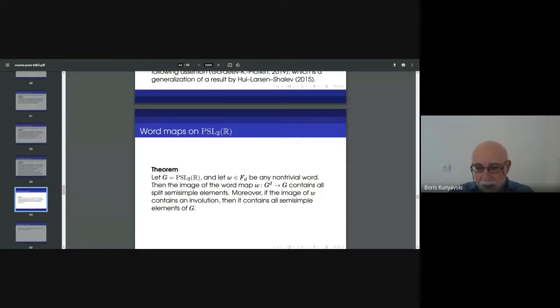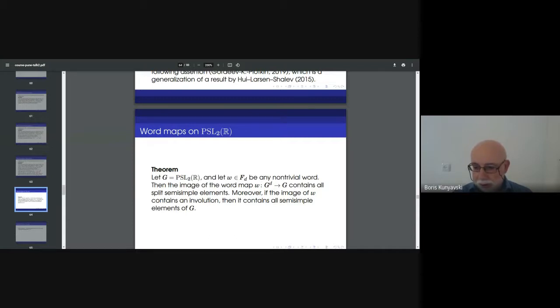And we consider any non-trivial word, and we can prove that the image of the word map contains all split semisimple elements. Moreover, if the image of W contains an involution, then it contains all semisimple elements. So what's missing here? Unipotent elements are missing, and also non-split semisimple elements are missing without this assumption.